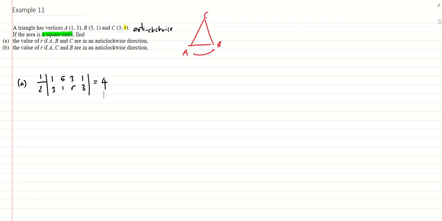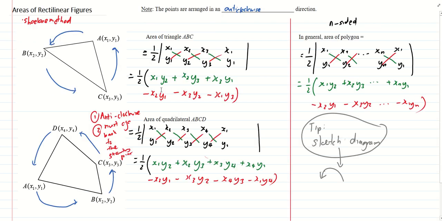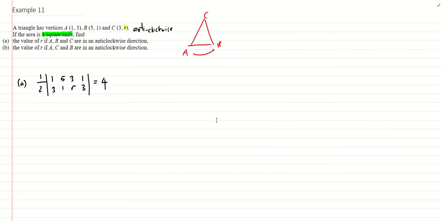If we go back to our notes, we need to expand it into this particular form, x1 y2 plus x2 y3 plus x3 y1. So it will be very helpful that we do this step by step. Let's write down half first, and then we'll start doing all the additions first. So 1 times 1, 5 times r, and 3 times 3.